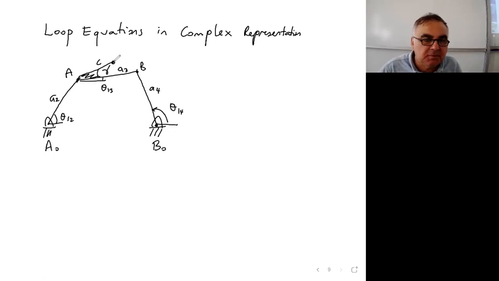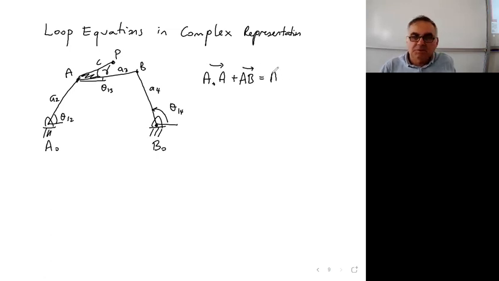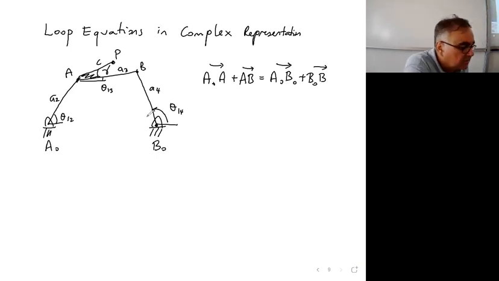Let's call this point P. So what was our vector equation? A0A plus AB is equal to A0B0 plus B0B. Well, you can also write this as, for example, A0A plus AB plus BB0 equals A0B0. It can also be done that way.